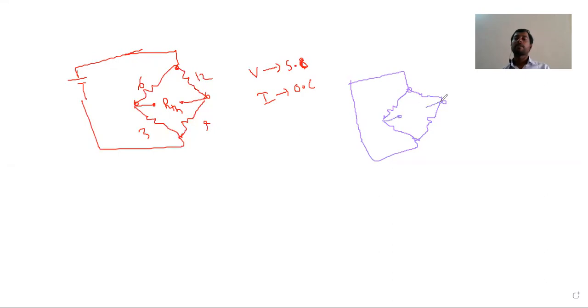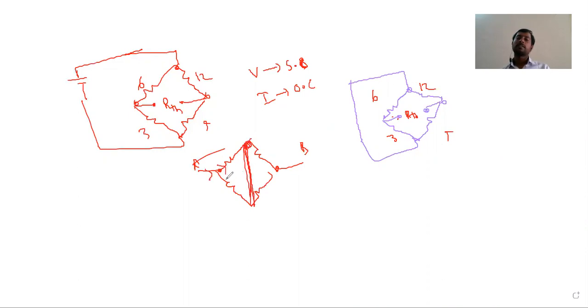This is one terminal and another terminal, and you should find RThevenin here. This is 6, 3, 12, 4. This circuit can be redrawn like this, with the external short circuit inserted inside and the terminals AB taken outside. Now this is a short circuit, so the current divides like this.